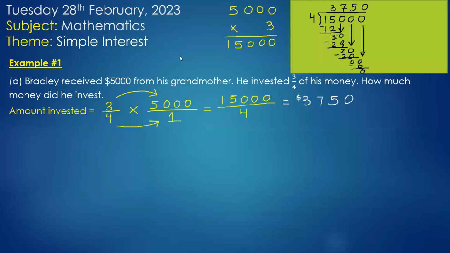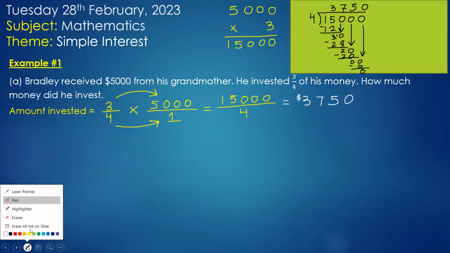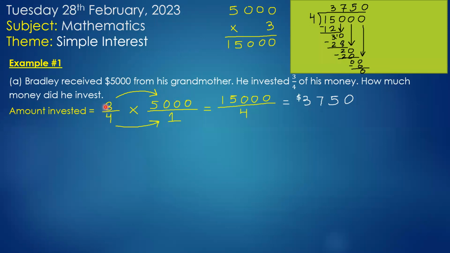Okay, so the answer is 3,750. And the way we got that is we multiplied the 3 and the 5,000 to give us 15,000, and we multiplied the 4 by the 1 to give us 4.